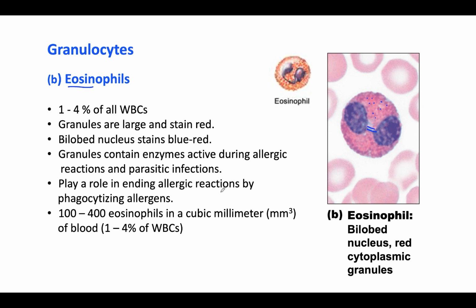Chemicals released by eosinophils are also involved in the destruction of certain worm parasites. So eosinophils play a role in ending allergic reactions by phagocytizing allergens. There are 100 up to 400 eosinophils in a cubic millimeter of blood. So eosinophil represents allergic reaction.